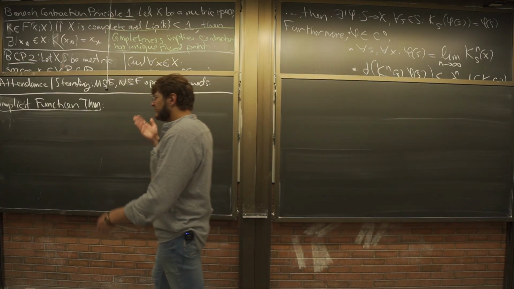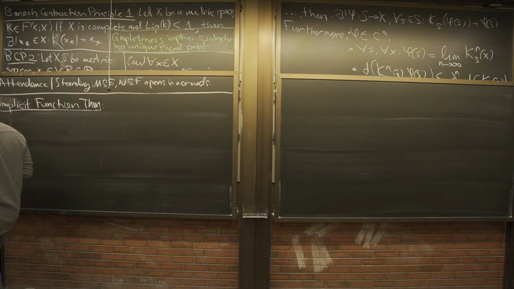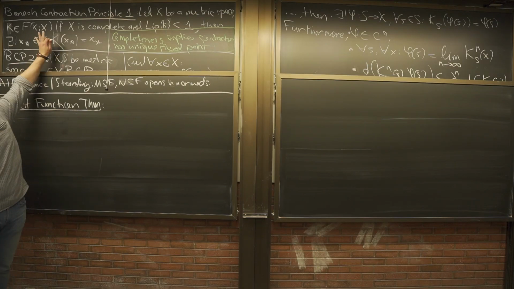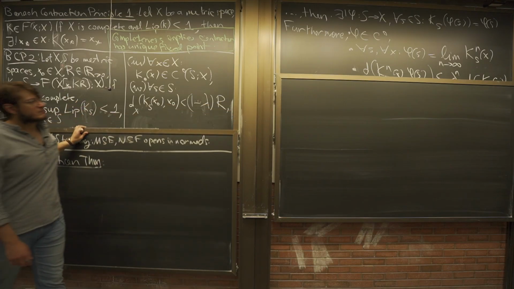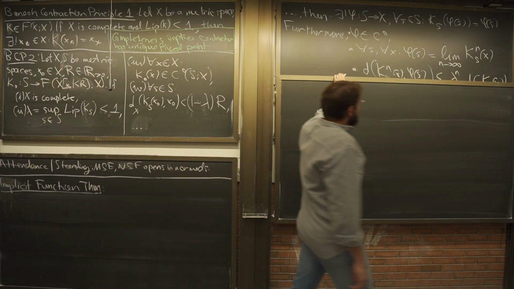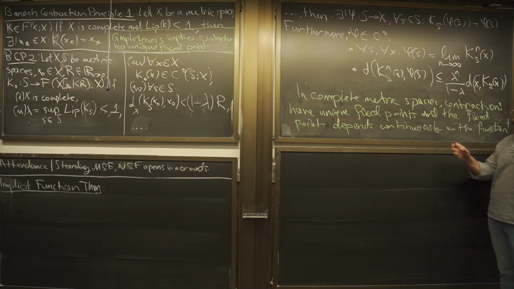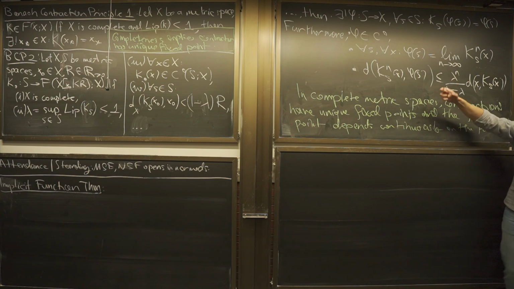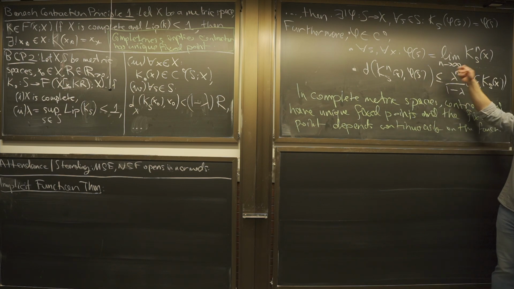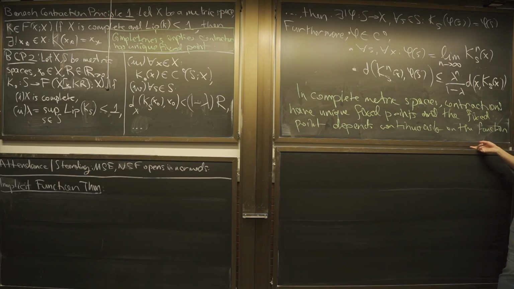This is such an important problem, the problem that this solves, that there are many different proofs. I like this proof more because ultimately it uses this BCP stuff, which gives you an algorithm that converges to the phi that you want exponentially fast. That's why I like it.